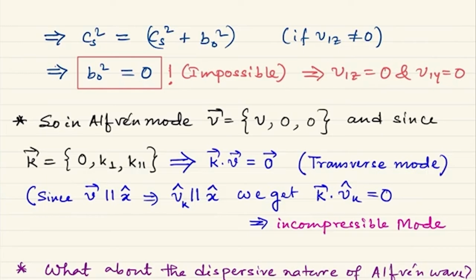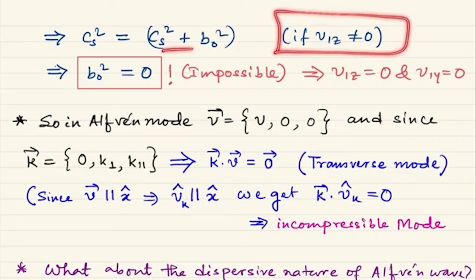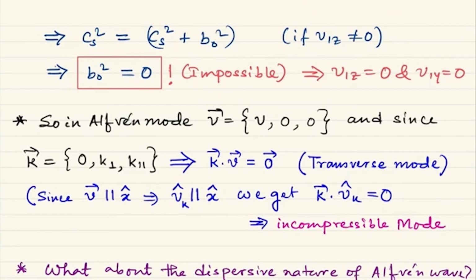As cs square should be positive, cs square should be simply equal to cs square plus B0 square in case V1z is not equal to 0, and that simply gives us B0 square equal to 0, which is not possible, which simply violates our main assumption that there is a magnetic field. Otherwise this is no longer an MHD fluid. So this is impossible. So V1z must be equal to 0, and similarly you can show V1y is also 0.